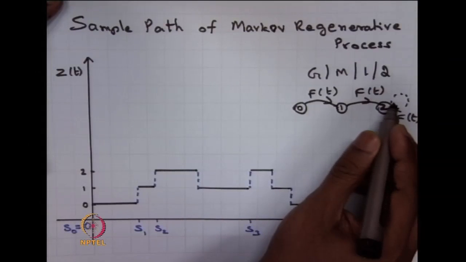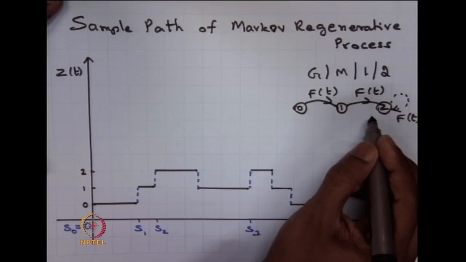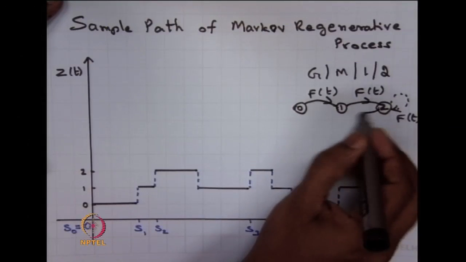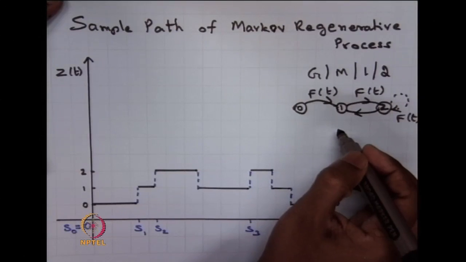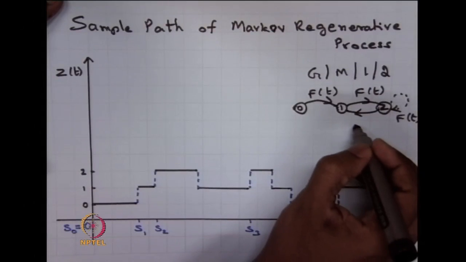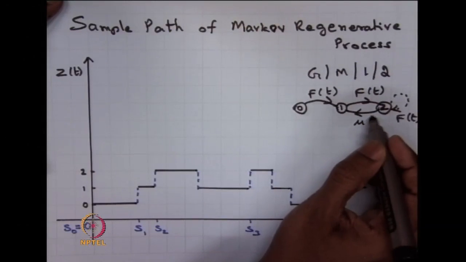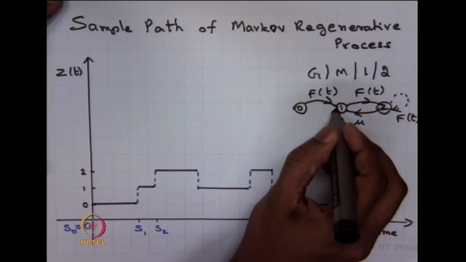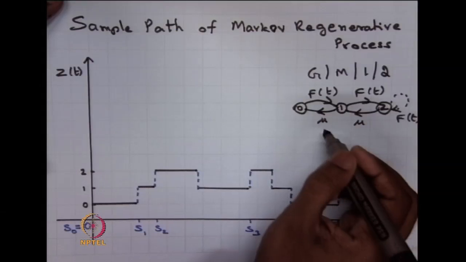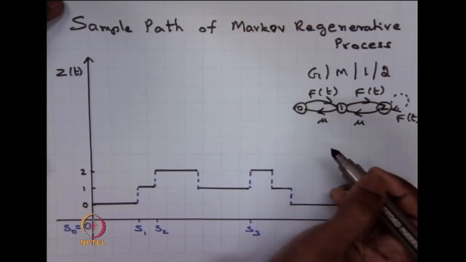Therefore, I made a self loop with the dotted arcs. Whereas, if the service is completed, with the assumption that service is exponentially distributed with parameter mu, then the system can move from state 2 to 1, and 1 to 0, also at rate mu.